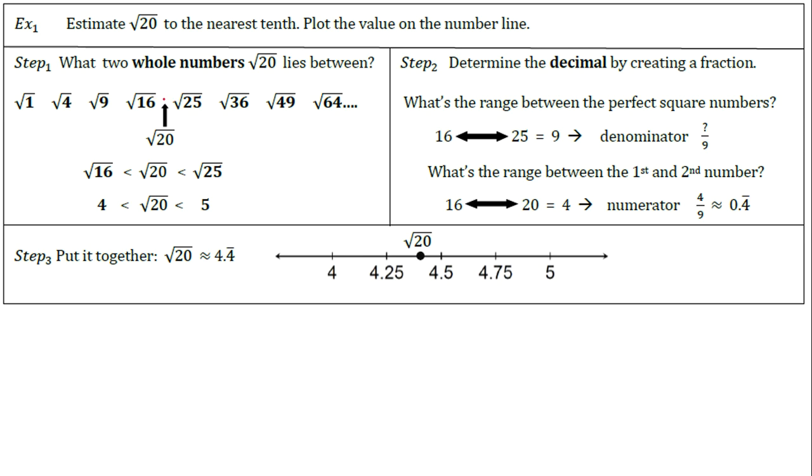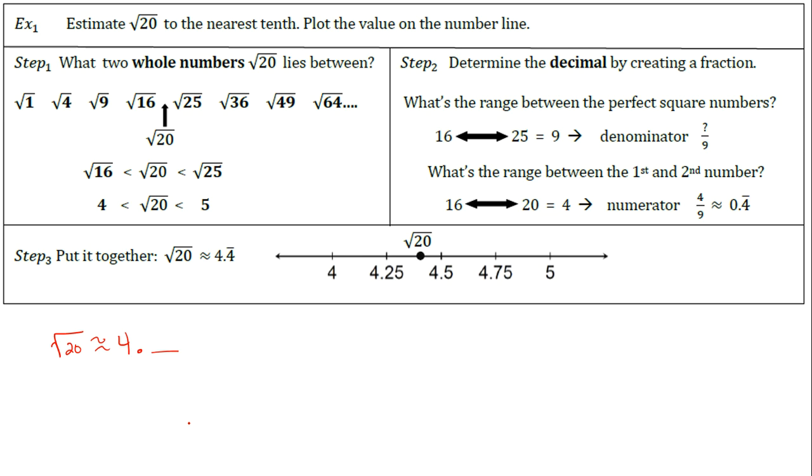So somewhere in between here lies the square root of 20. But again, we're trying to estimate it. We're trying to maybe plot this on a number line. What is the square root of 16? Well, we know that it is 4. We know the square root of 25 is 5. So the square root of 20 is somewhere between 4 and 5. So we know our estimation is going to begin with 4 point something.